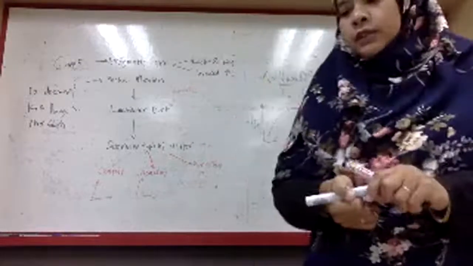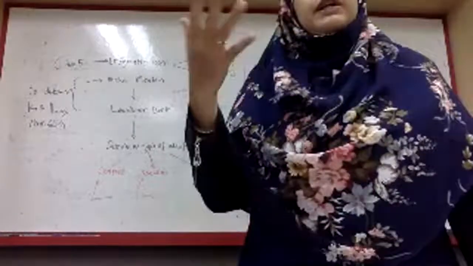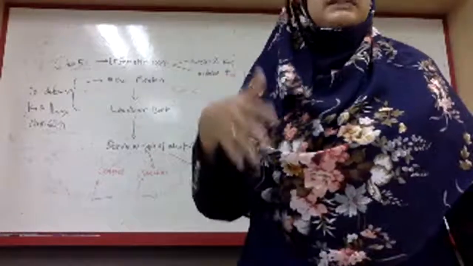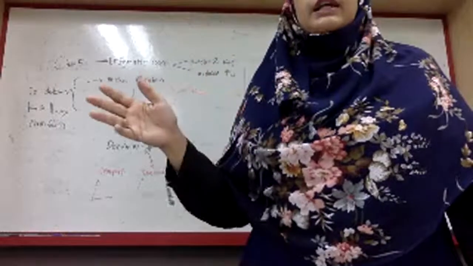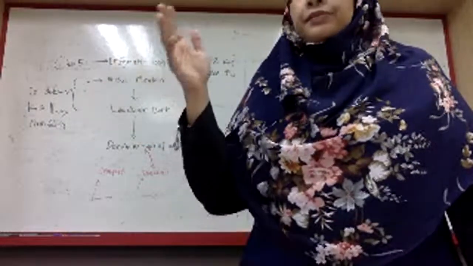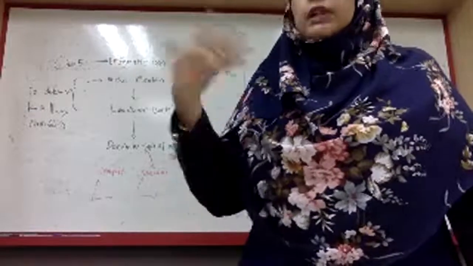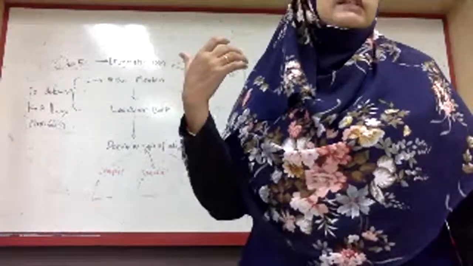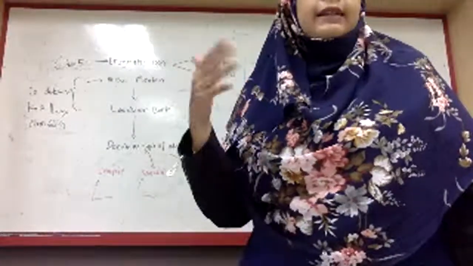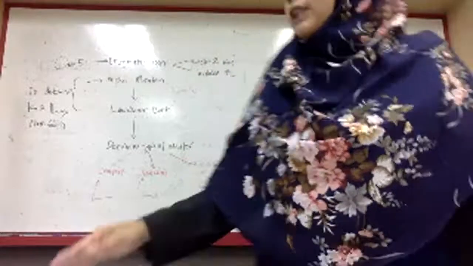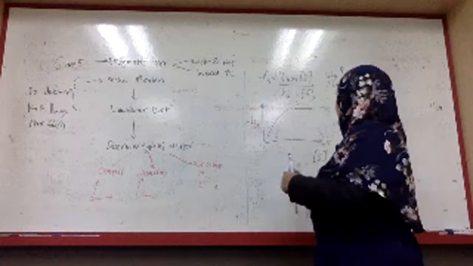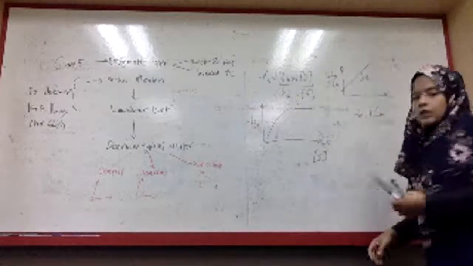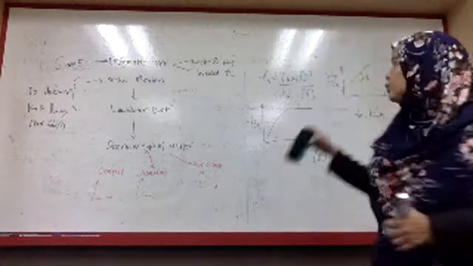Remember we learned maths before? When we want to have a straight line, we linearize it, so it becomes 1 over r_S. So we linearize the Michaelis-Menten equation, becoming Lineweaver-Burk, however you want to pronounce it.